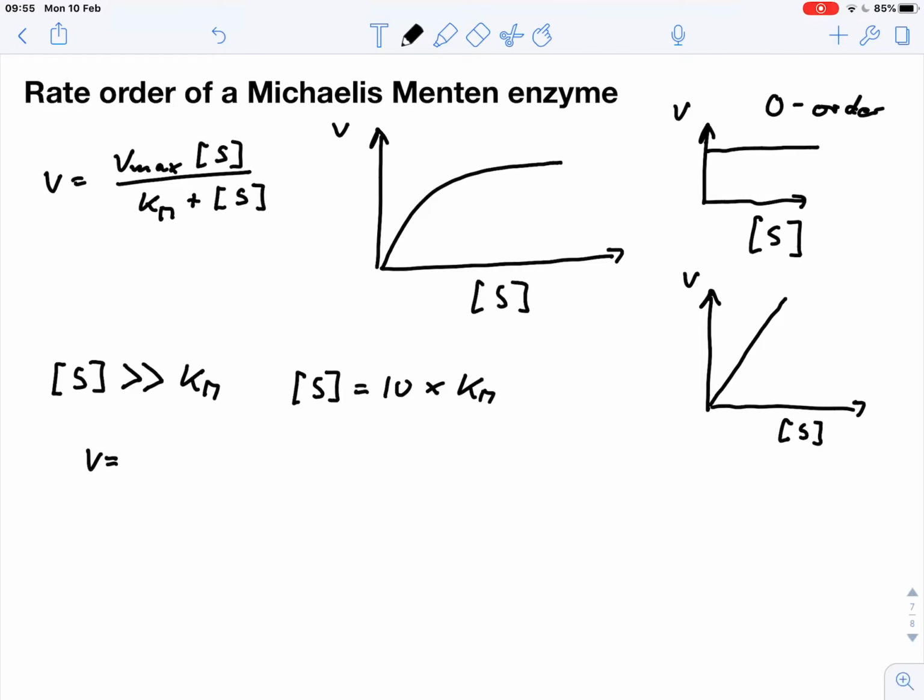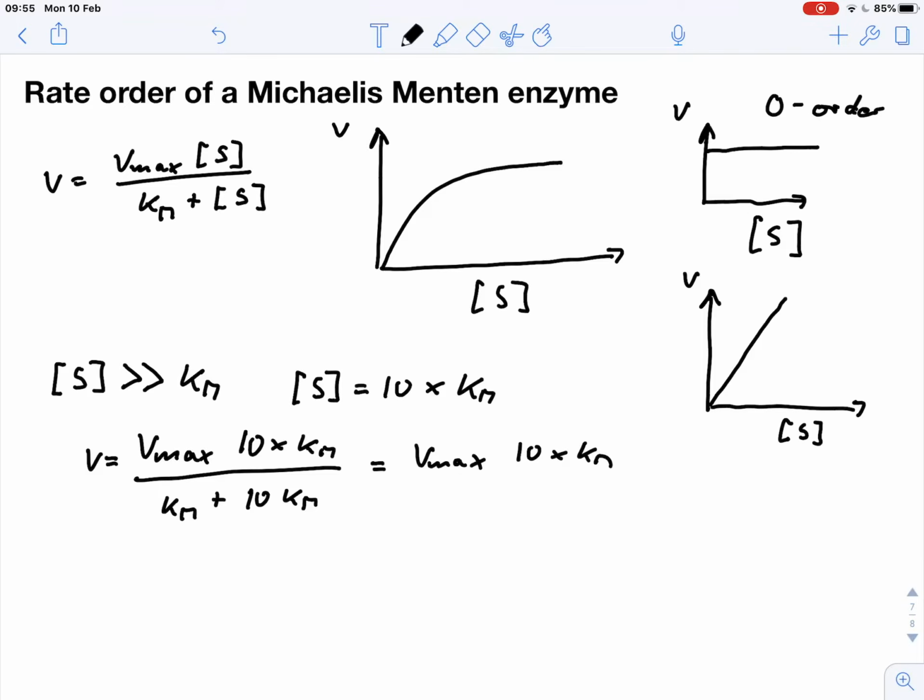We would have V equals Vmax times 10 times Km divided by Km plus 10 times Km, which gives Vmax times 10 Km divided by 11 Km.